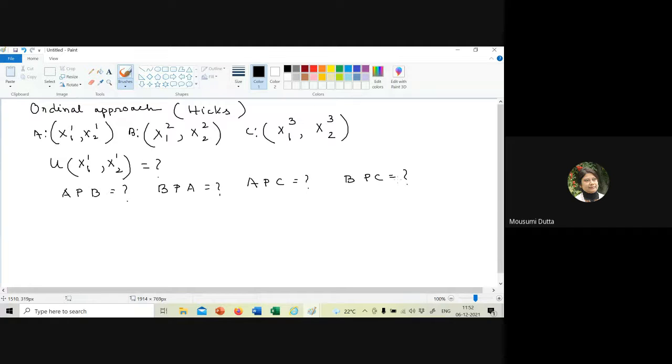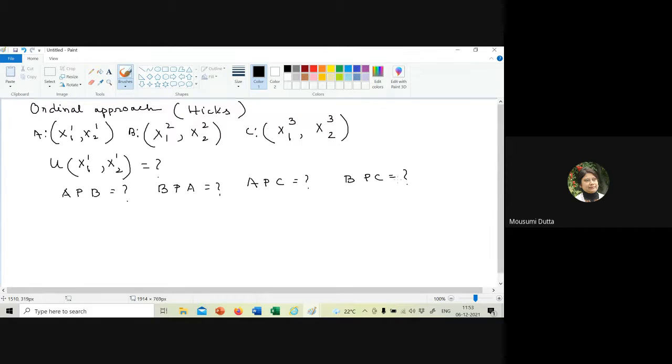So this kind of ranking I will be able to give. Whether one bundle is indifferent to another, whether one bundle is preferred to another. So this kind of ordering I will be able to indicate. However, I will not be able to say how much satisfaction I'm getting out of this bundle.